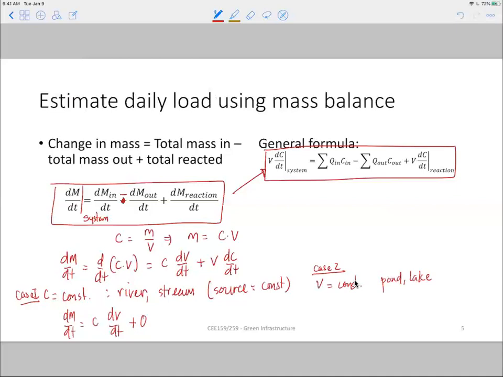If we do so, then dm over dt will take a different form. Again, from this equation, the first term would be C dV by dt. We know the volume is constant, so the derivative of that constant would be 0. So the first term is 0. The second term, which is V dC over dt, will be what remains here.